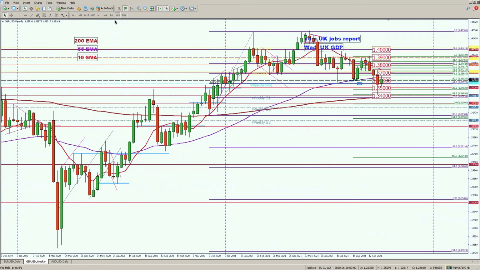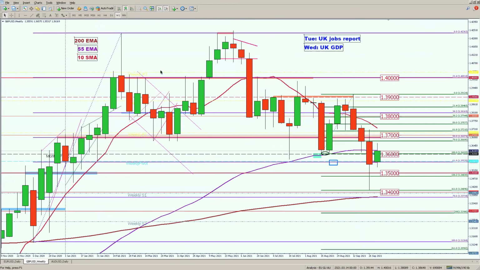So similarly on the cable, let's take a look at the weekly time frame. It has managed to avoid the weekly 200 EMA, but is still right at the weekly 55 EMA. So it needs to try to climb back up above that.